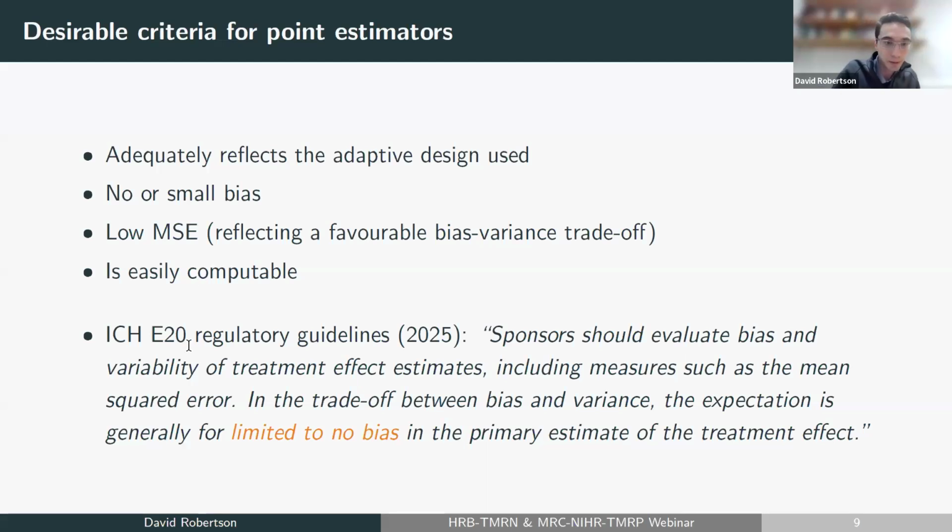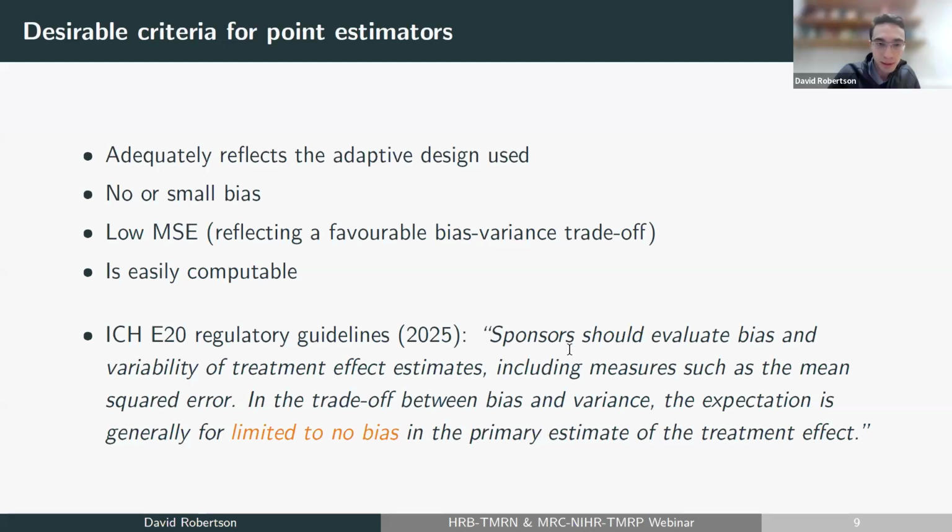I think it's really interesting to see what the ICH E20 guidelines said last year. So I'll just read out the quotation. Sponsors should evaluate bias and variability of treatment effect estimates, including measures such as the mean squared error. In the trade-off between bias and variance, the expectation is generally for limited to no bias in the primary estimate of the treatment effect.